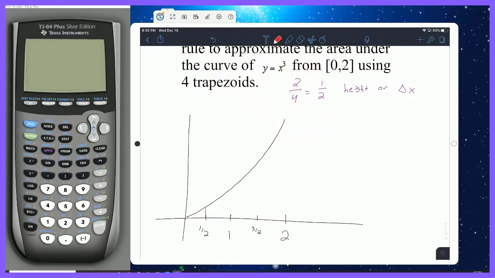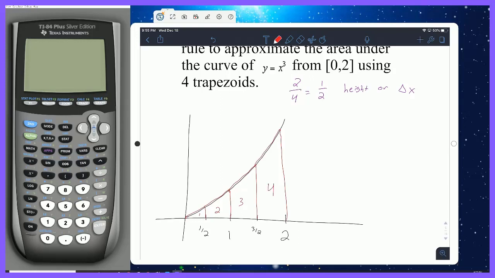It's a little tough to draw, but it would look a little something like this. Trapezoid 2 is going to be between here and here. Again, a little tough to draw. So trapezoid 1, trapezoid 2, trapezoid 3, and the last trapezoid, trapezoid 4, which will be a little easier to draw.